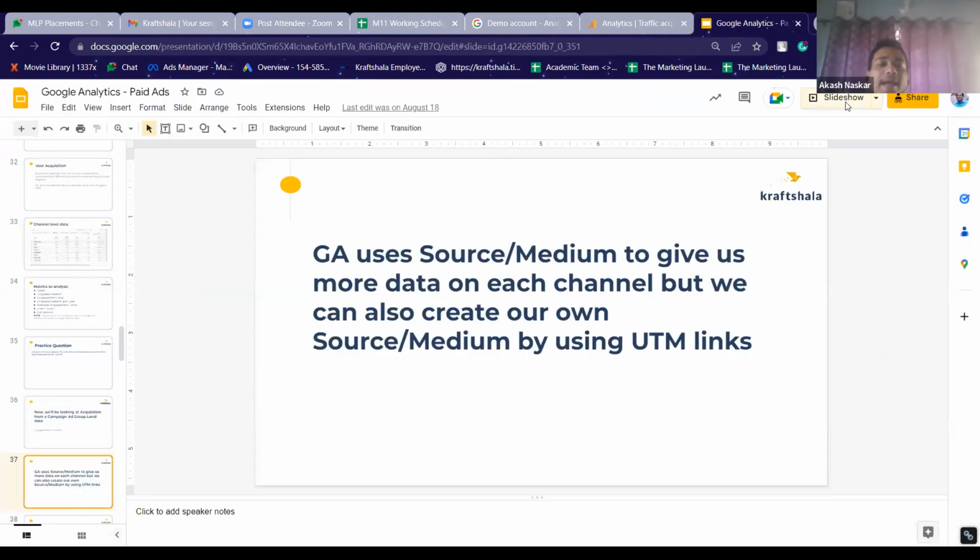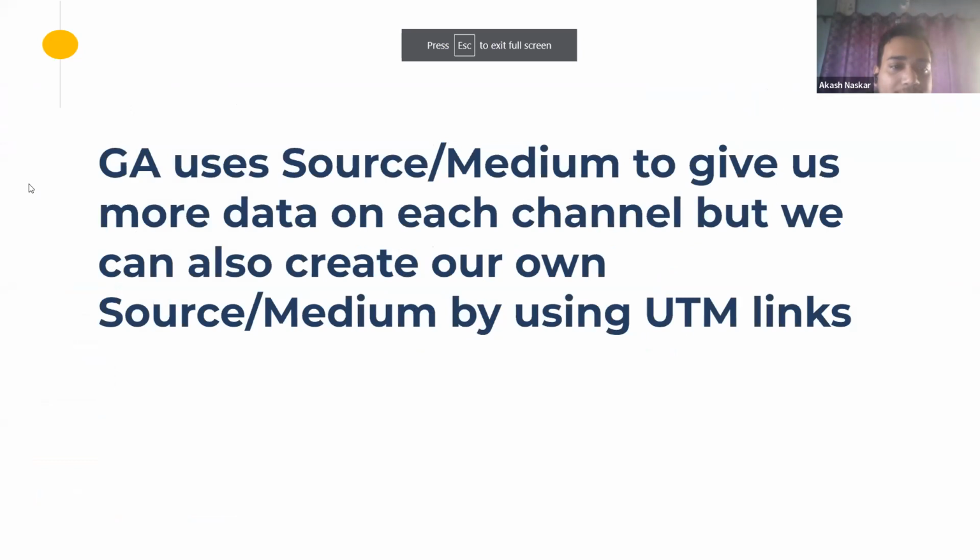Now, as we were saying, even inside paid search, we want to know which campaign or ad group these specific users have come from. For making this campaign ad group, we have to use UTM links, right? Now, what are UTM links? UTM links are basically links added onto your landing page that contain the information of the campaign and the ad group that you're triggering.